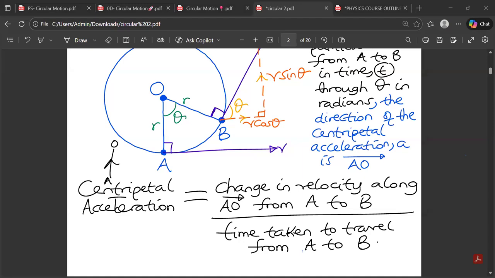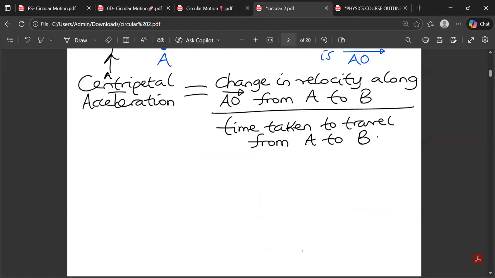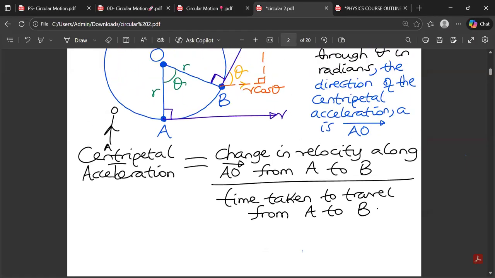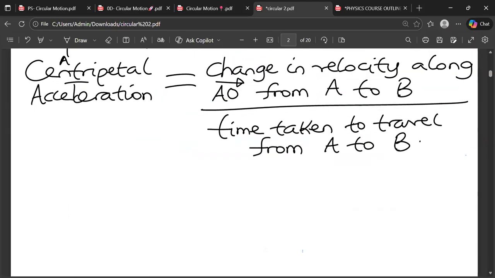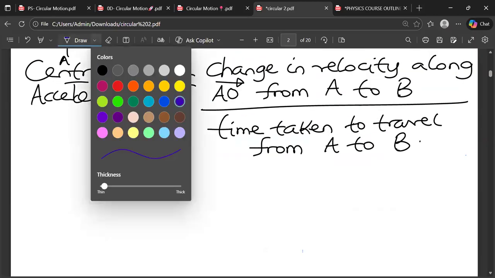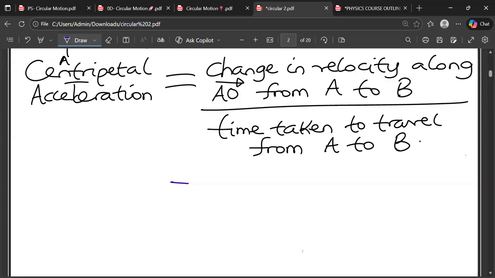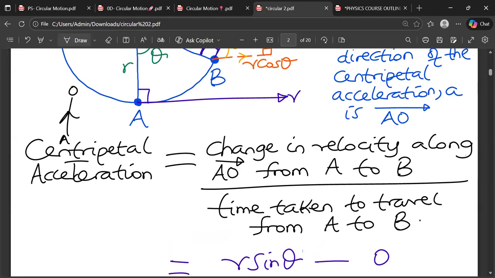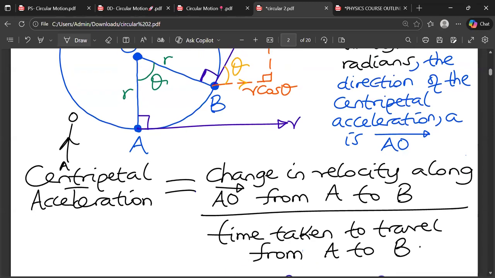It is 0, isn't it? Because at point A, we are realizing that the V is purely horizontal. Yes. So we shall say that the change of velocity along AO from A to B is v sine theta, minus 0. And we have said we are considering vertical components.